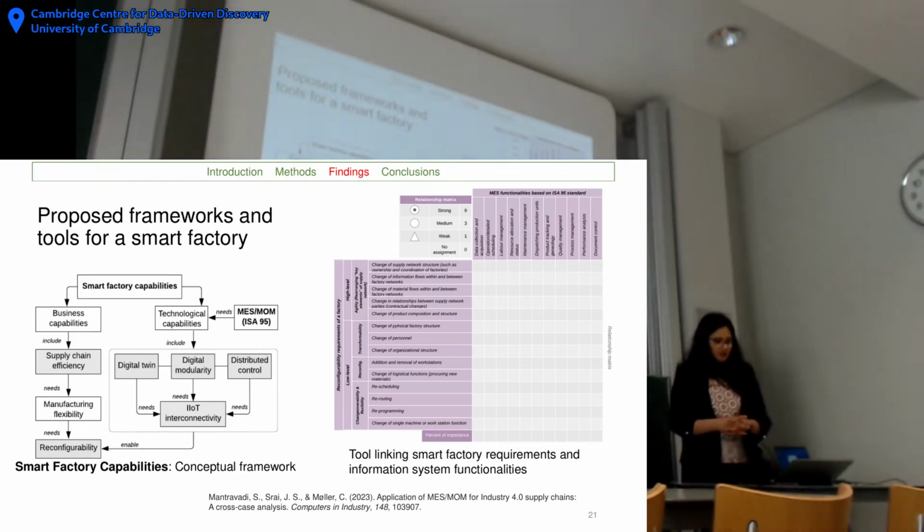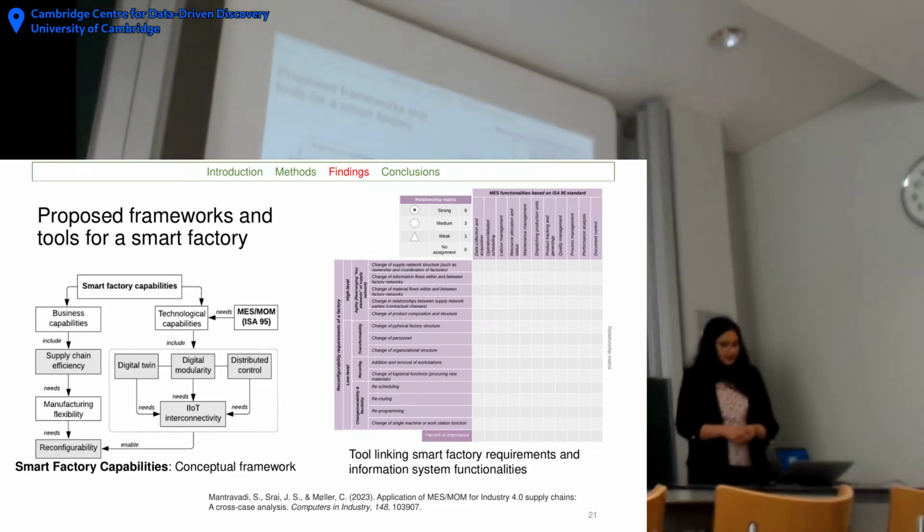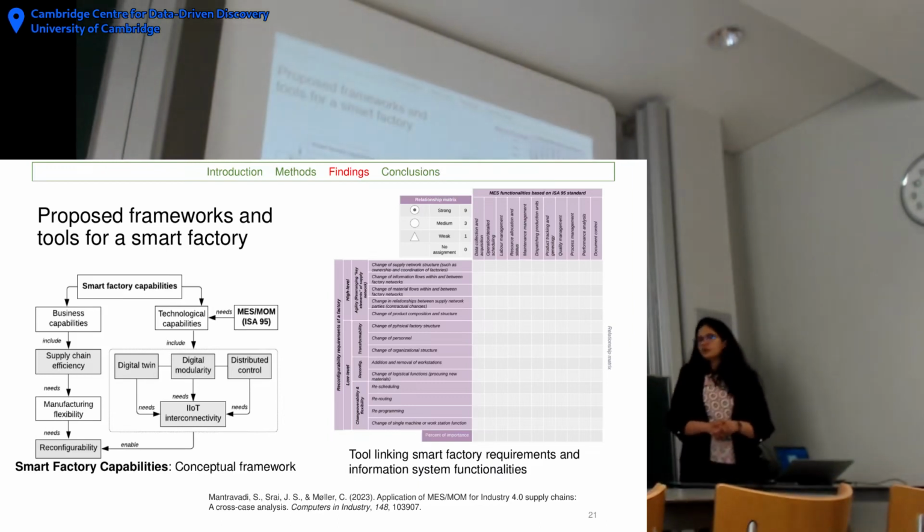We were also able to come up with some tools. For example, the grid that you see on the right side of the screen. This is about establishing some kind of a common language to determine how to use these IT systems for manufacturing.